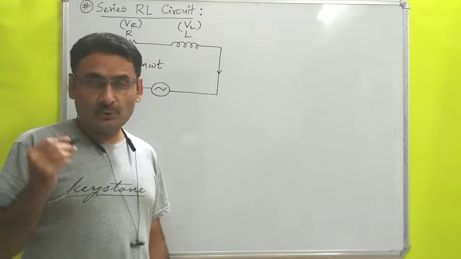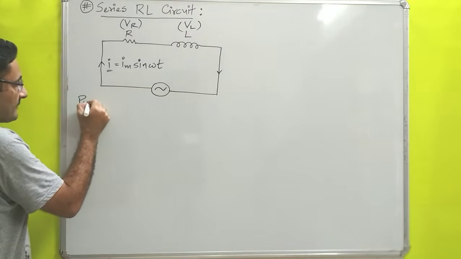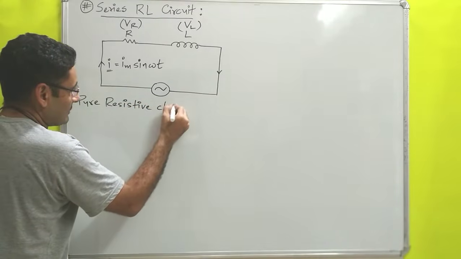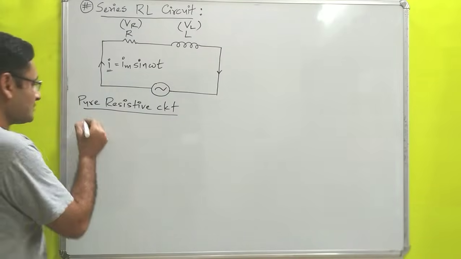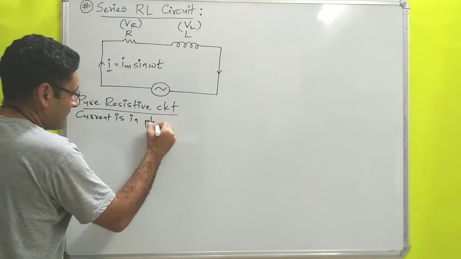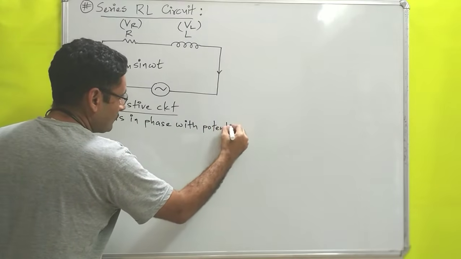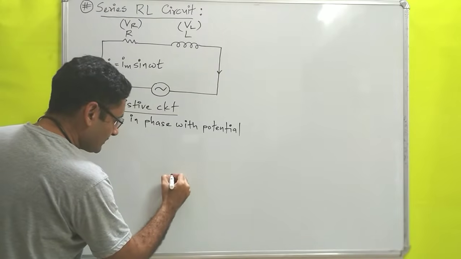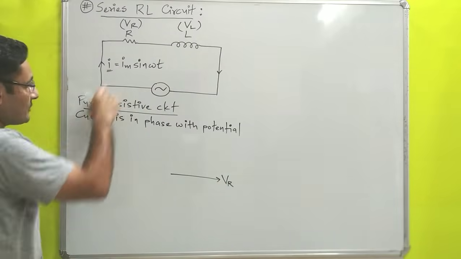Now, we know very well for pure resistive circuits, so over here I will make a heading: for a pure resistive circuit, we have already studied that current is in phase with potential, or voltage. If you want to draw the diagram, that is the potential across the resistor, since we are talking about only a pure resistive circuit.